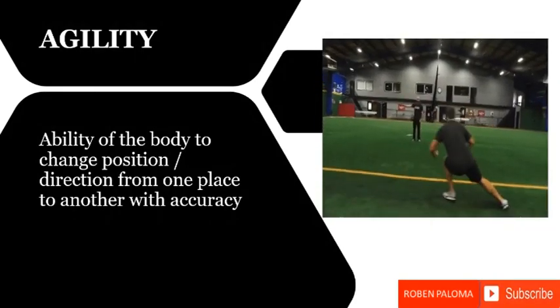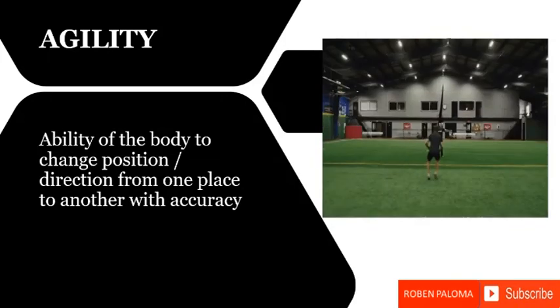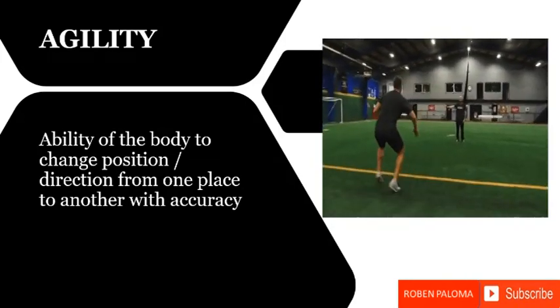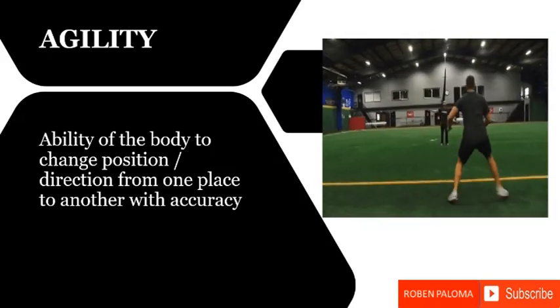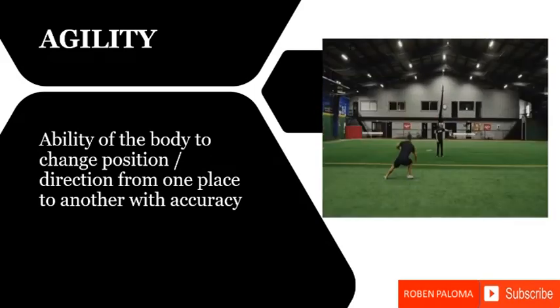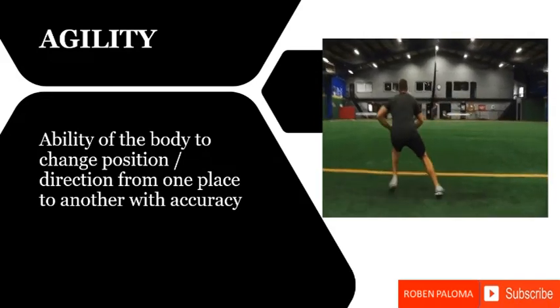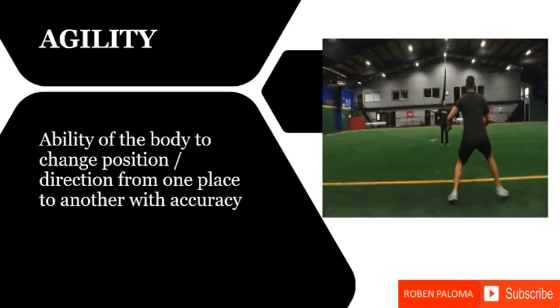Agility. Agility refers to the ability of the body to change position or direction from one place to another. Let's look at the example that I prepared in the slide. Look how a certain person transfers from one place to another.